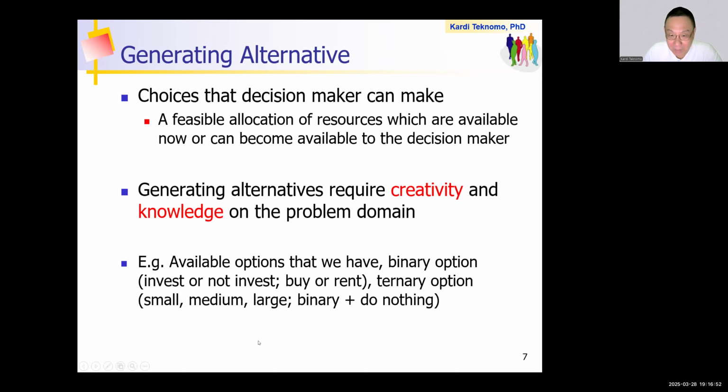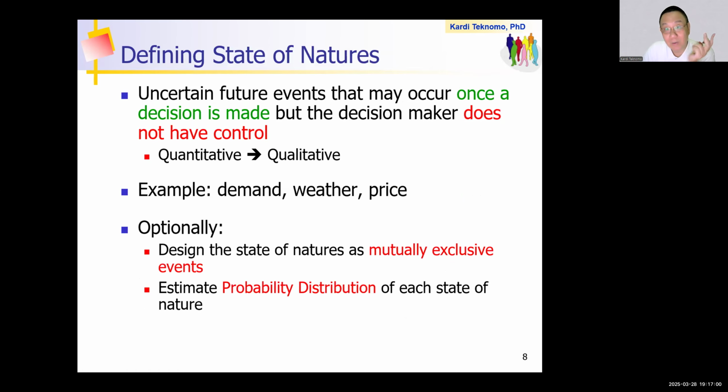Now the second component is the state of nature, because you are not sure. There is uncertainty in the future event. Then you define the state of nature. Whether it is lucky or unlucky, whether the demand is high or low. In the weather, probably rain or not rain for your rice, and the price is up or down.